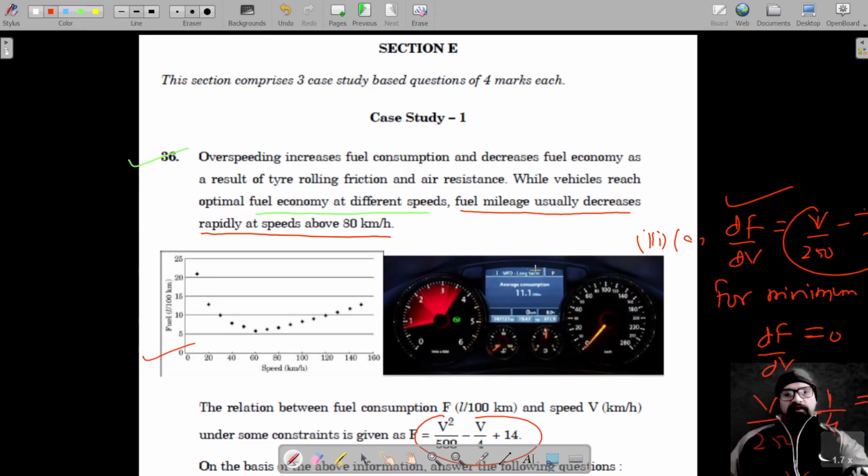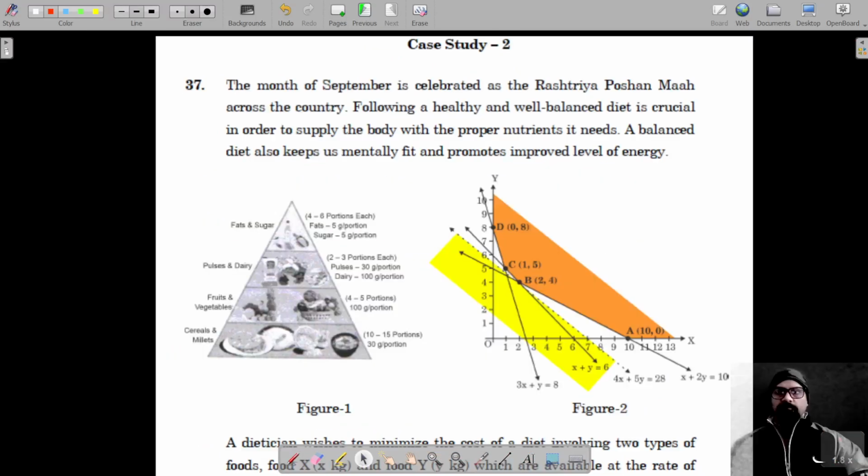Moving on to question number 37. It's given that the month of September is celebrated as the Rashtriya Poshan Maah across the country. To follow a healthy and well-balanced diet is crucial to maintain the supply of the body with proper nutrients. And a balanced diet keeps us mentally fit and promotes improved level of energy.